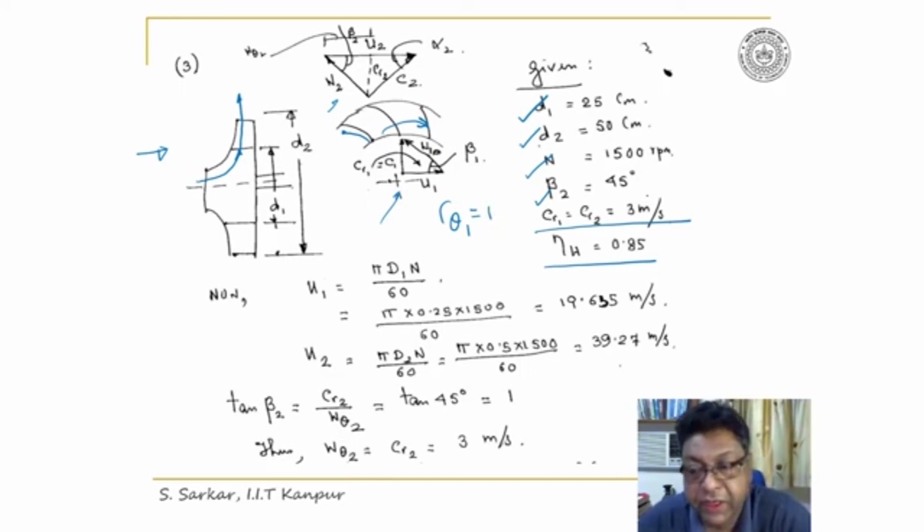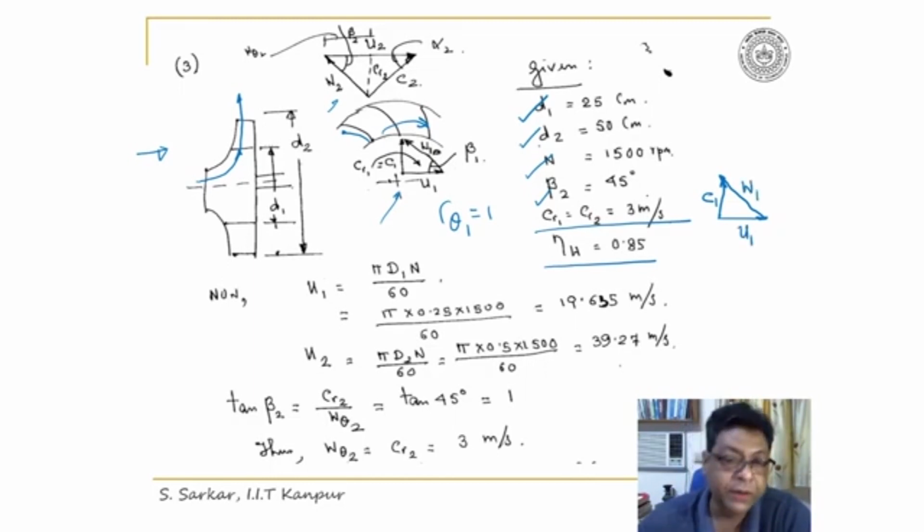Thus, following the blade curvature, if I draw the inlet velocity triangle, it will be U1 plus W1, and this would be C1, and C1 will be CR1. So this is U1 and this will be W1. This is beta 1.